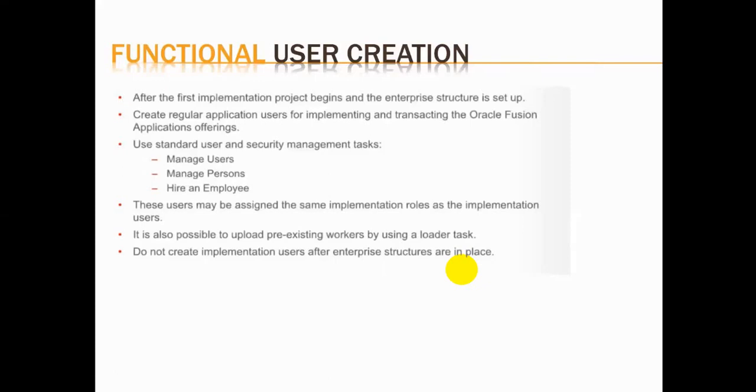So Accenture will send some consultants saying, go and implement it. Let us say we got 3-4 consultants. At the beginning, as we don't have anything there, we wanted a plain implementation username, say HCMIMPL, whatever. We will create it. They will use the implementation user to create the foundation structures.